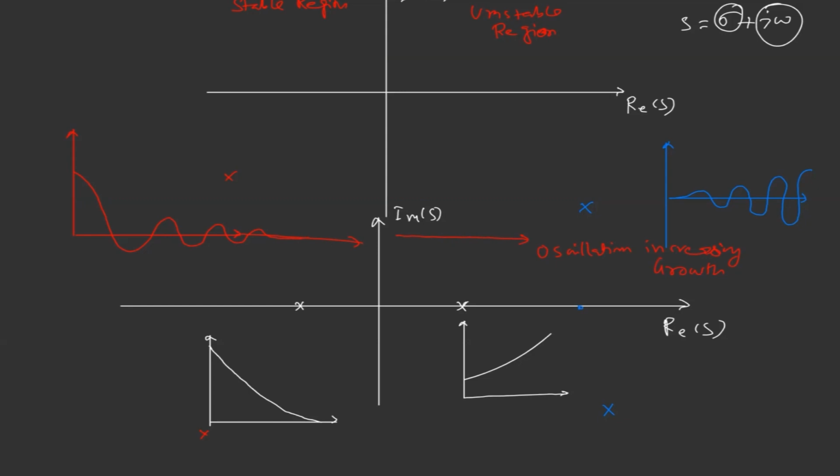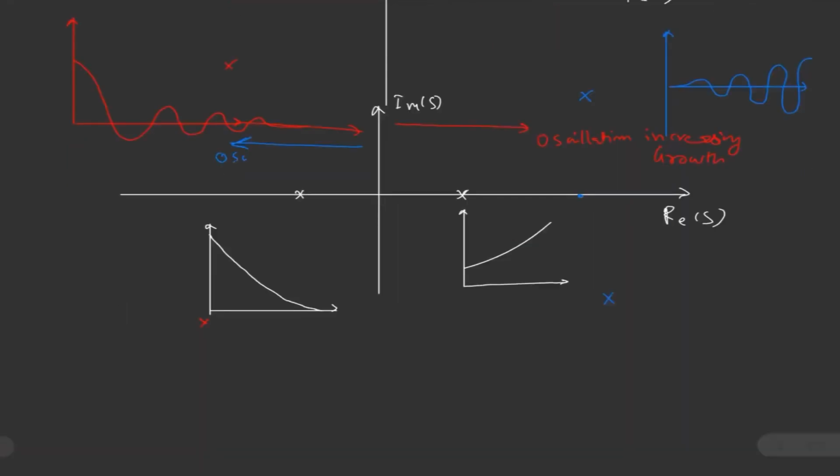And if the poles go in this direction, the response can be decaying oscillations. Actually, if the poles are here, for example, of course this negative real part will be higher than this side.